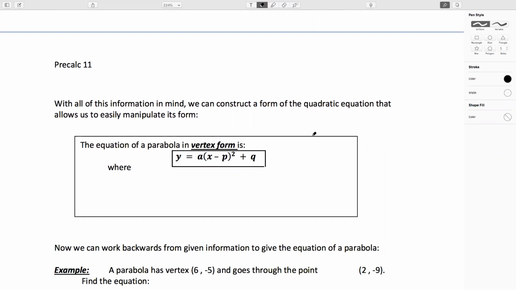We've got a, p, and q. a is going to be our vertical stretch. p is going to be a horizontal translation. And q is going to be a vertical translation.